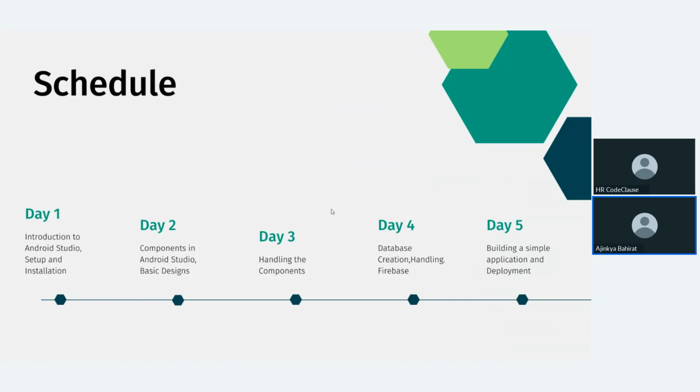Then on day three, we handle these components. Suppose we created some sort of GUI or front end from the user perspective, but we also need to manage this UI in the backend. Suppose we have created a button, a list, and forms. How this data can be handled in the background can be learned on day three.